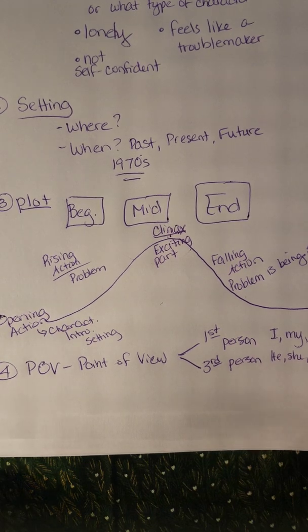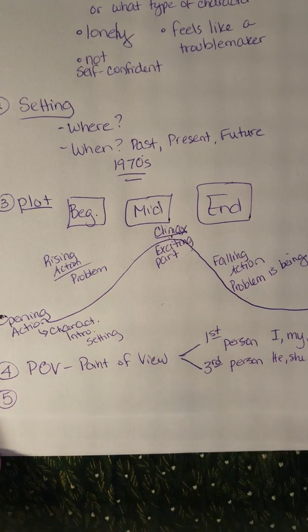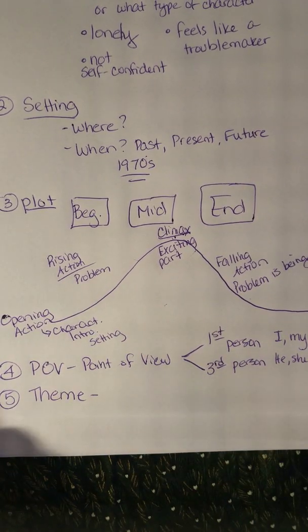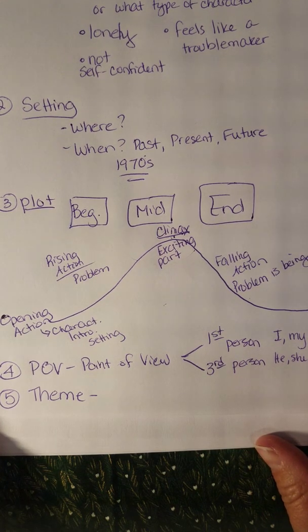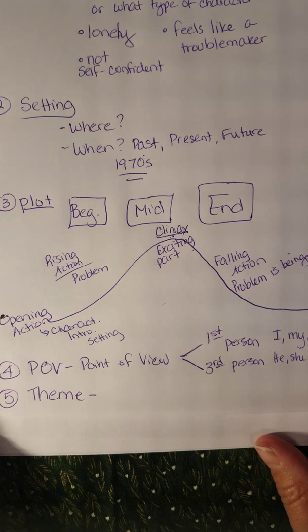And then the last element that we talk about in fourth grade is theme. Okay? And this is the enduring message or understanding from your characters' trials, from their problems. What have they learned?